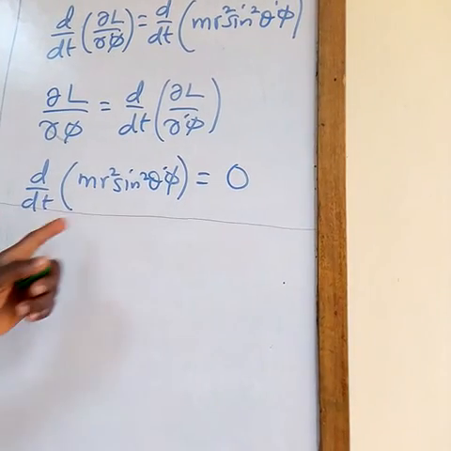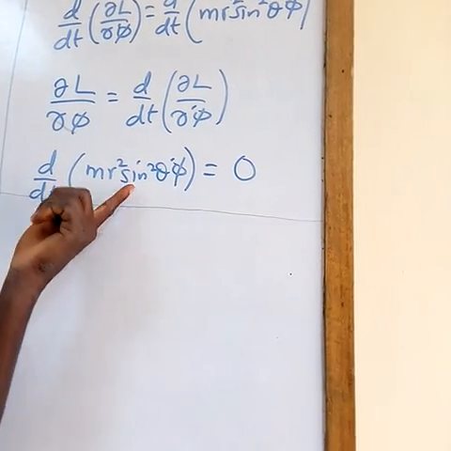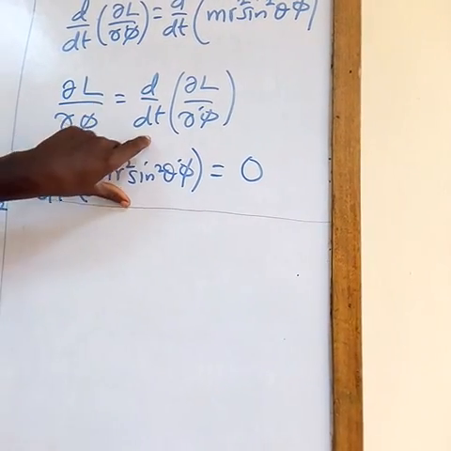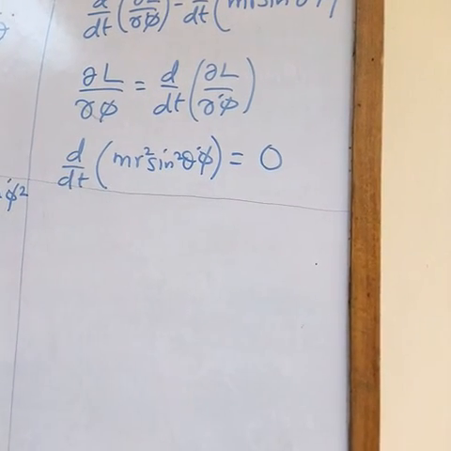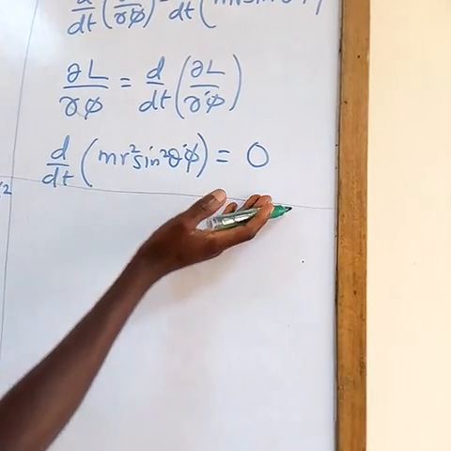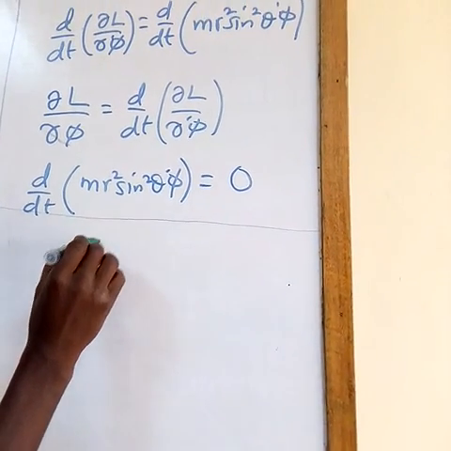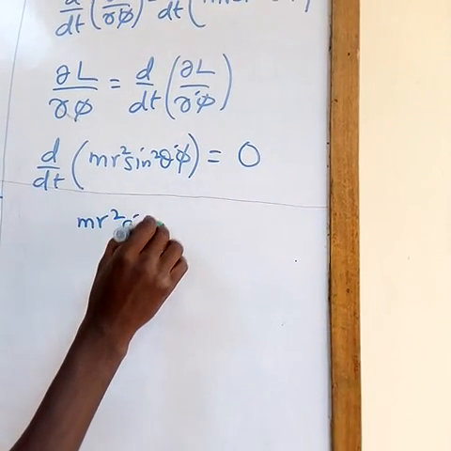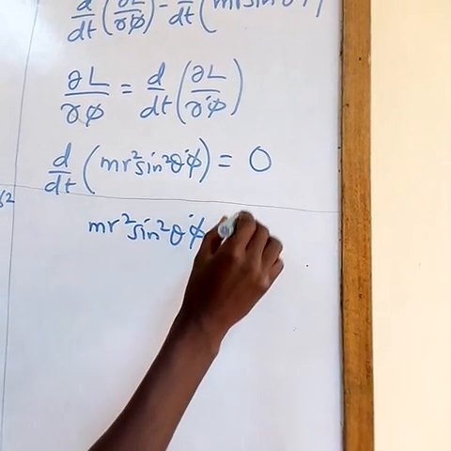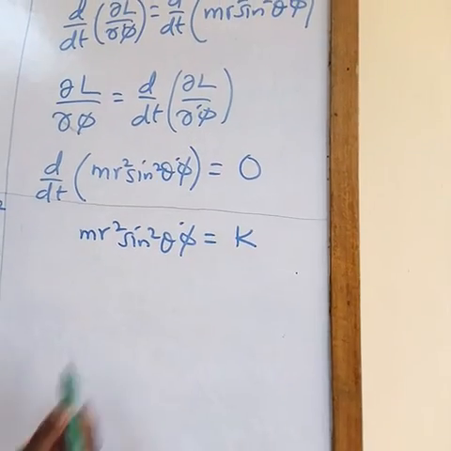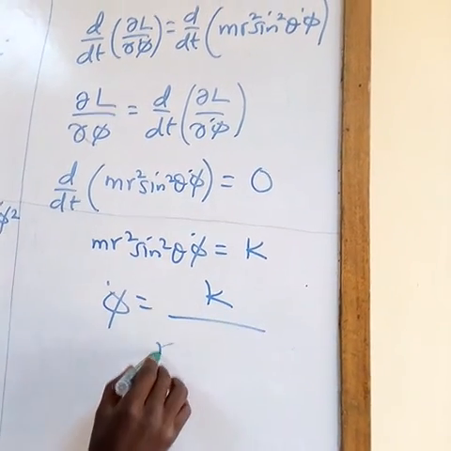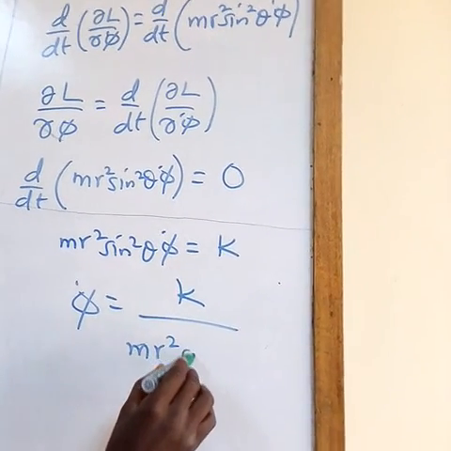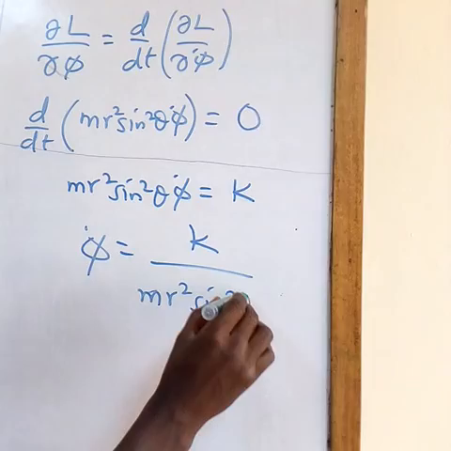By the time the derivative of a function is equal to 0, it means it is just a constant. So m r squared sine squared theta phi dot is just equal to a constant. Let's call it k. So our phi dot is just the same as k over m r squared sine squared theta.